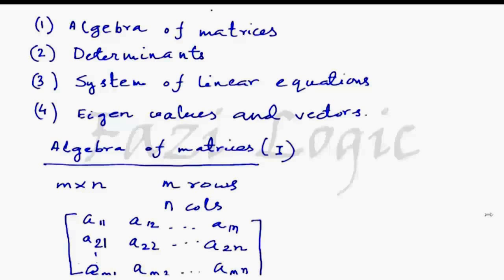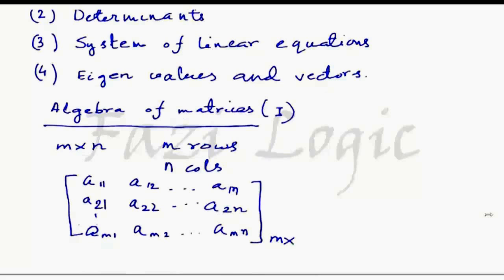So this is a rectangular array of m into n elements, which also describes the order of the matrix, where there are m rows and n columns. Now I will discuss different types of matrices.